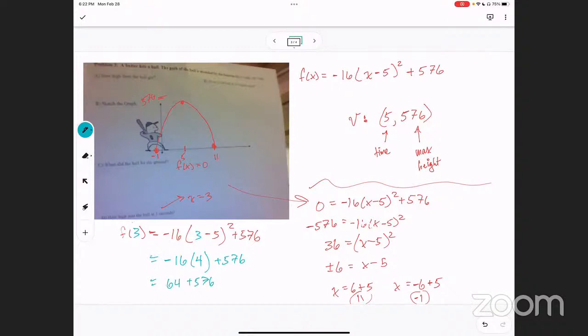So subtract those, not add them. 576 minus 64 is 512. I think so. Mm-hmm. So that's your answer for that one. Okay.